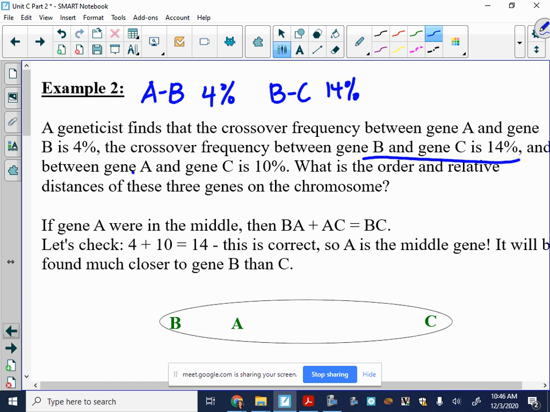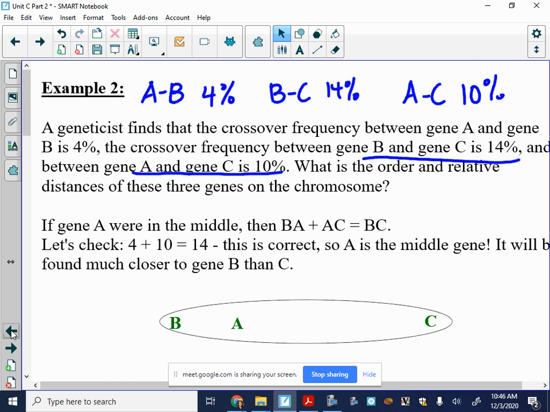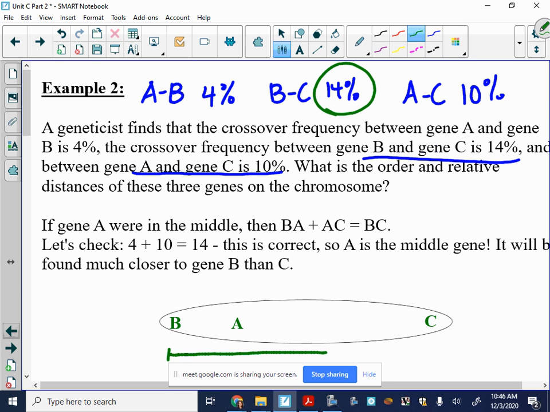And between A and C is 10%. Okay, you draw your chromosome. Okay, you find the one with the largest frequency, and that's B and C. So you're going to put these on the ends. Okay, so they're like 14 units apart.